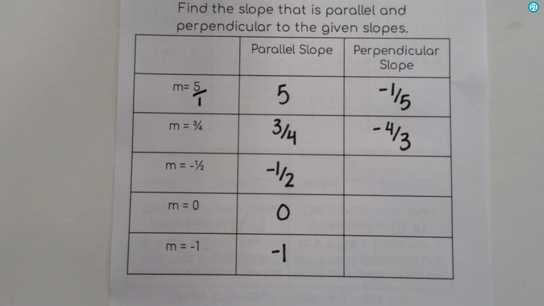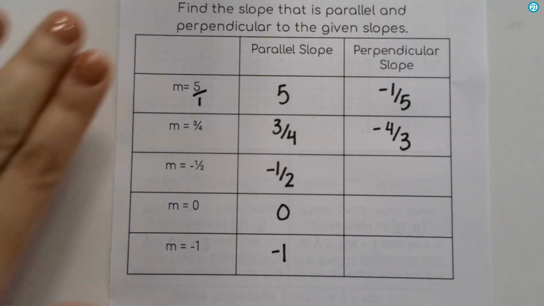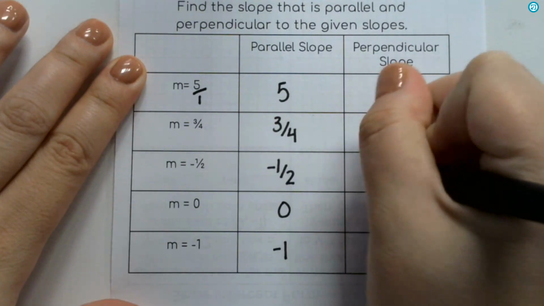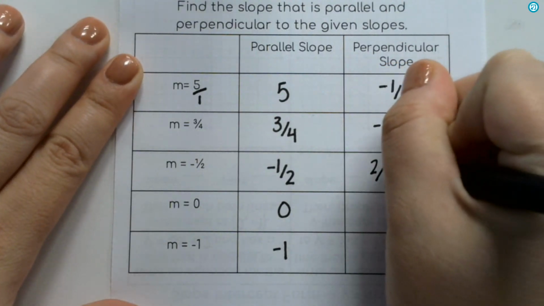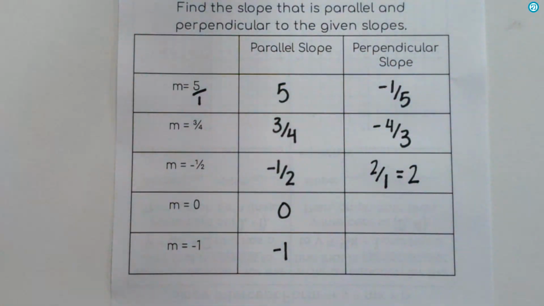We're going to flip that. And since it's negative, we make it positive. It's always the opposite sign. So it's going to become positive 2/1. And if we wanted to just write 2, we could. We don't need the over 1. So 2/1 and 2 would both be correct.